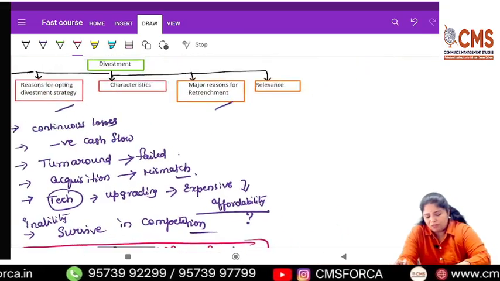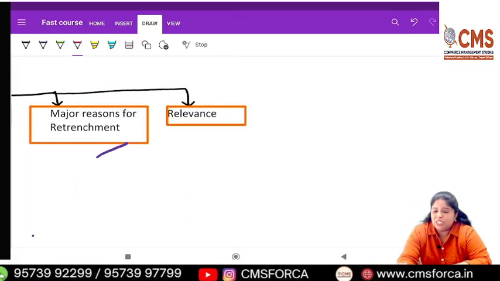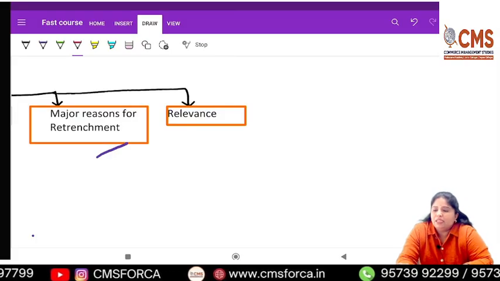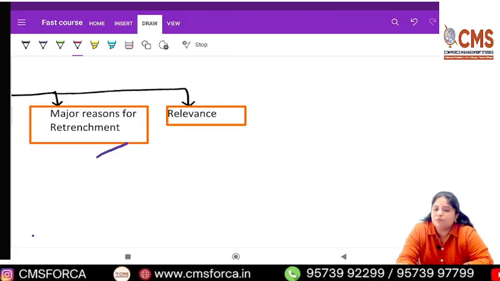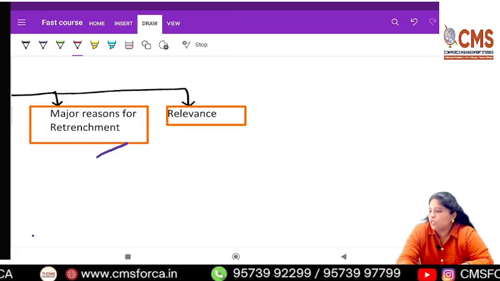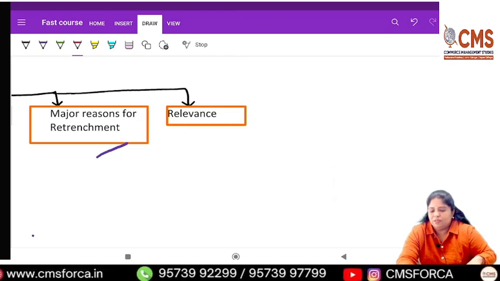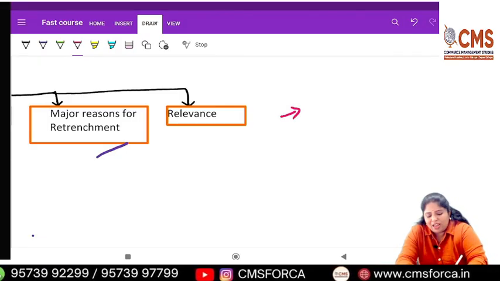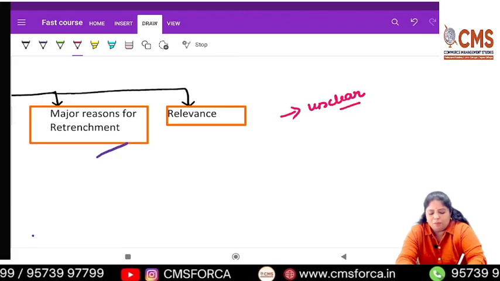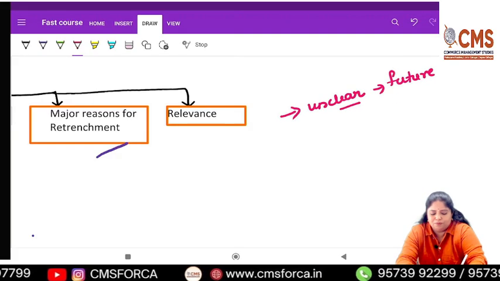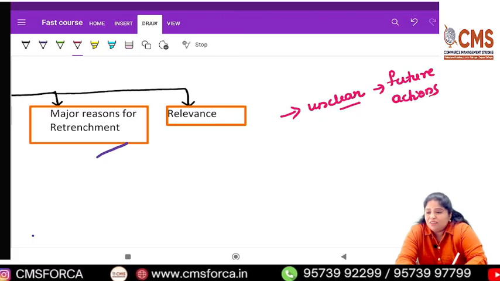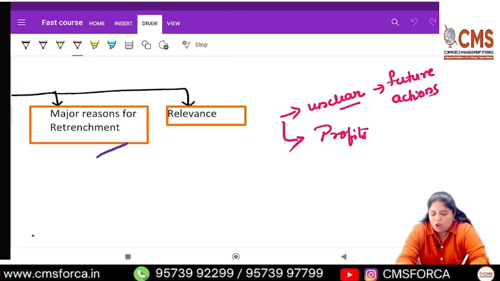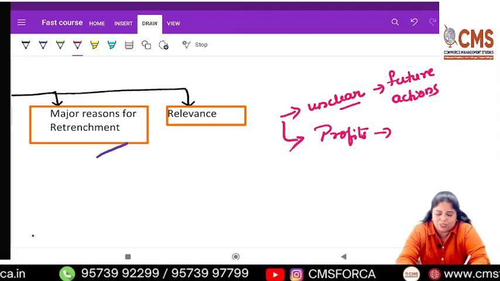Now let's talk about relevance, which is important for your case studies. Usually people think divestment is only for businesses that are running in losses, but that's not the case. Divestment can be chosen when you are unclear about your future actions. It can be chosen when the profits you are making are not up to expectations.